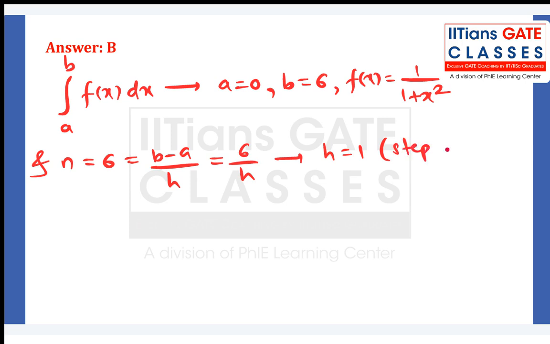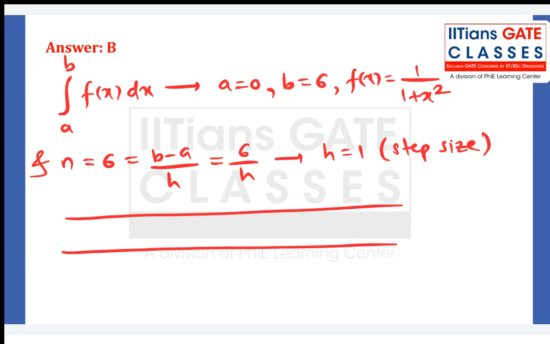Step size is important because you're required to evaluate this f of x at all these steps. Okay, then only you can do numerical integration. Okay, so therefore you are supposed to create one table basically. Okay, like this. So these will be your x values, and these will be your f values. Not writing f of x everywhere.